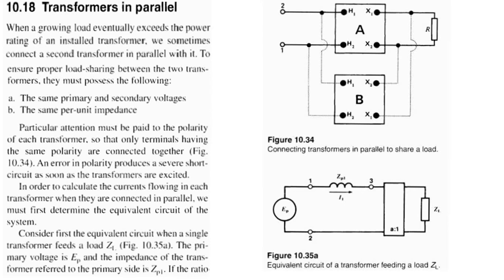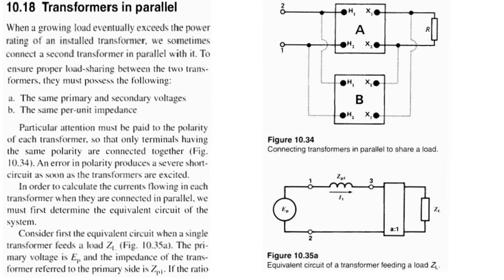In order to calculate the current in each transformer when they are connected in parallel, we must first determine the equivalent circuit of the system. Consider first the equivalent circuit of a single transformer, with the primary voltage and the impedance of the transformer referred to the primary side.